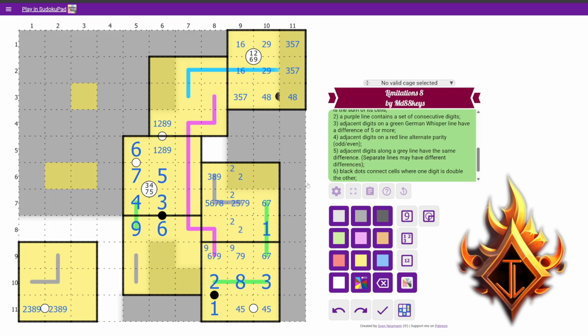No, I don't think so. What I mean to say is, there's going to be 9 digits in this row. It could be there as well.